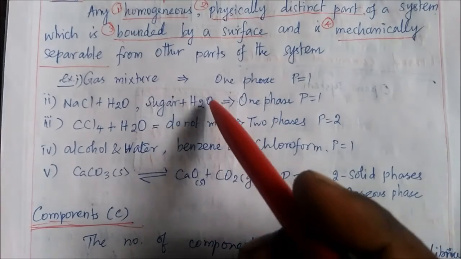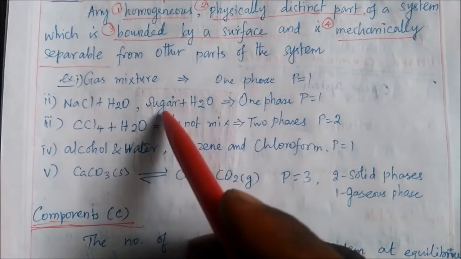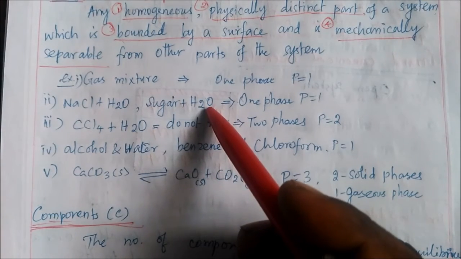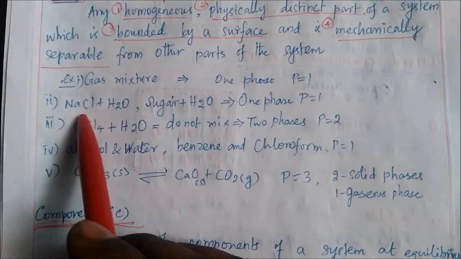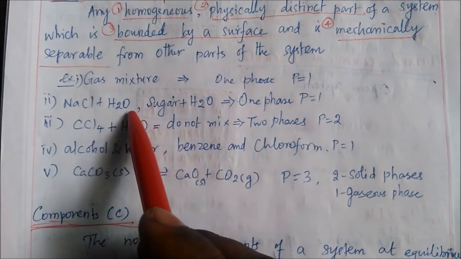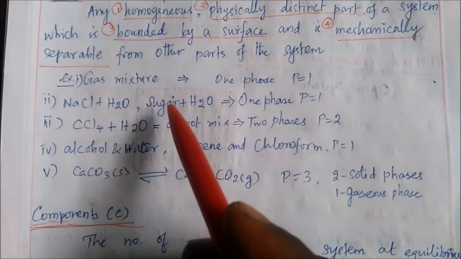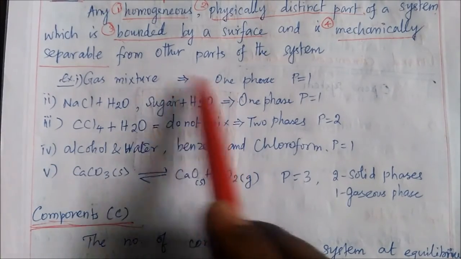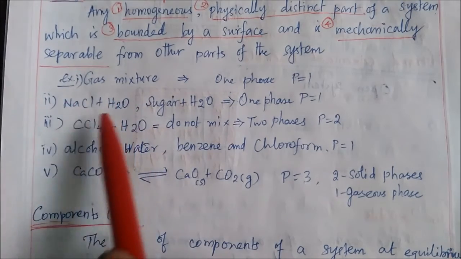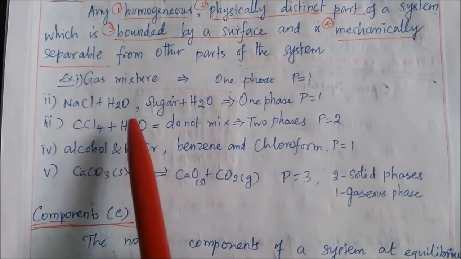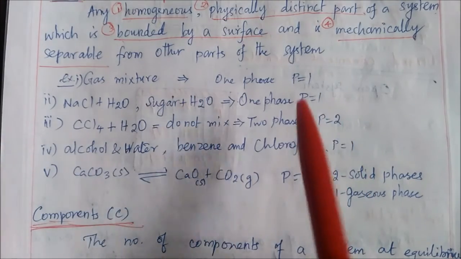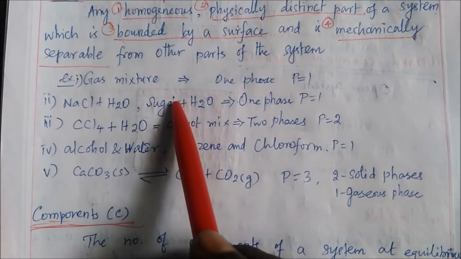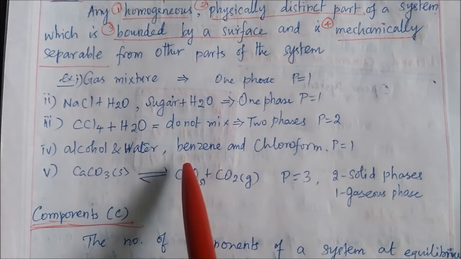So even though there is the presence of two different materials, two different chemicals, sugar is a different chemical, water is H2O, and NaCl is a different chemical, and H2O is a different chemical. But when we mix them together after stirring, it becomes a sugar solution. This one becomes a NaCl solution, but the number of phases present in that is equal to 1. Only one phase, even though there is the presence of two chemicals.